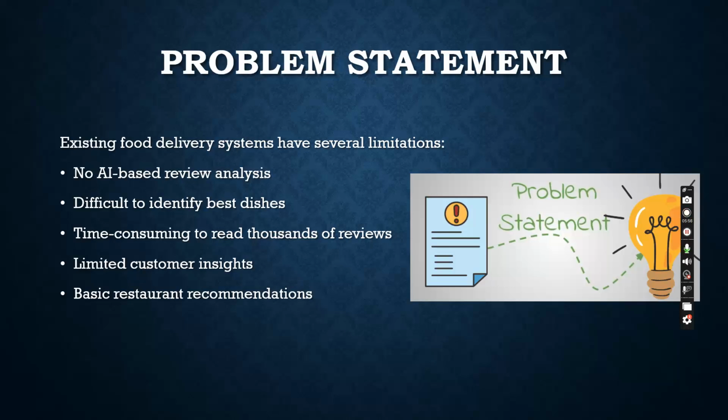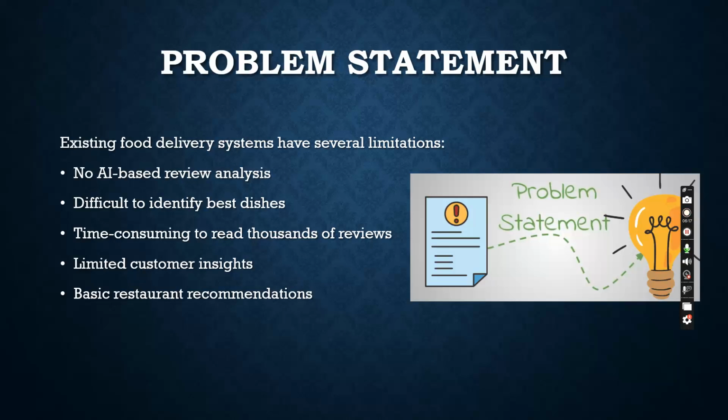Restaurant owners receive a large number of reviews but often struggle to identify common issues. For example, customers may repeatedly mention slow service, poor packaging, or excellent taste. Reading every review every day manually is so tough and inconvenient.